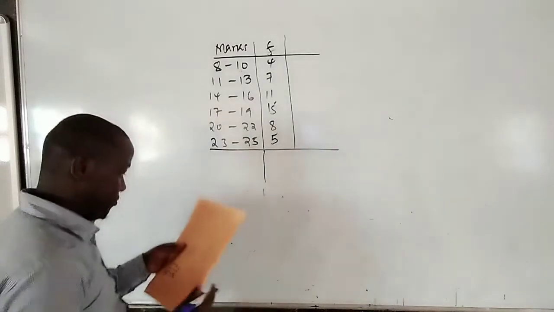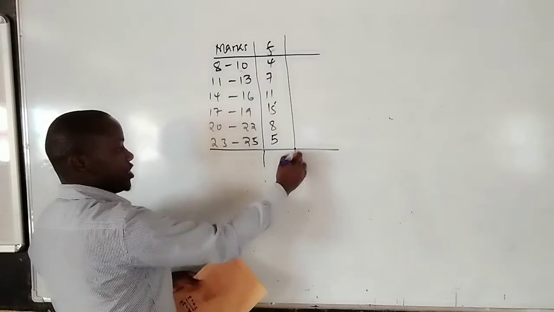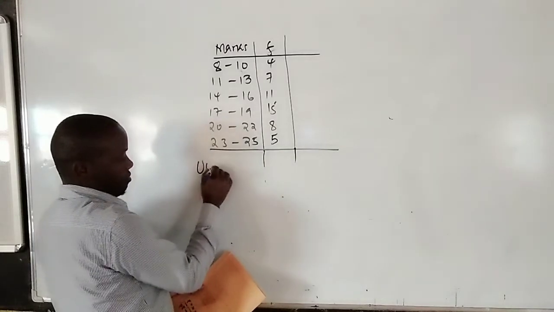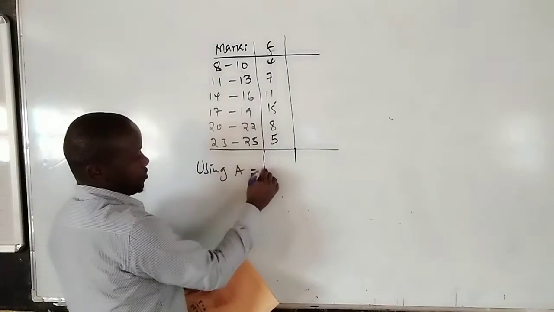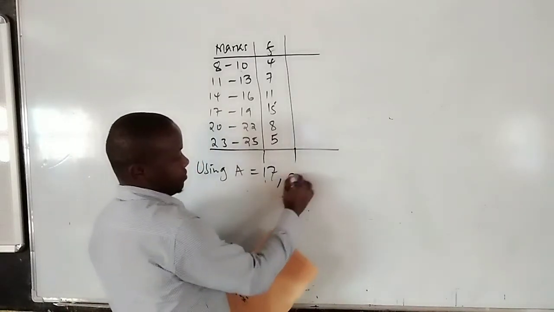Then we are told, using an assumed mean of 17, determine the mean mark.